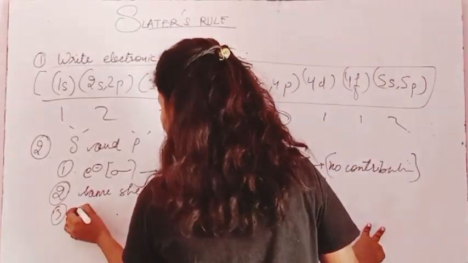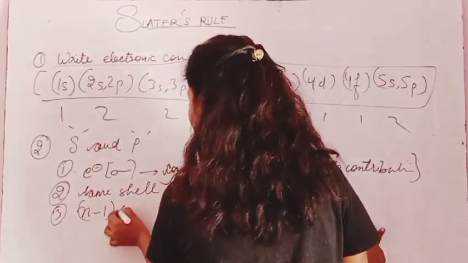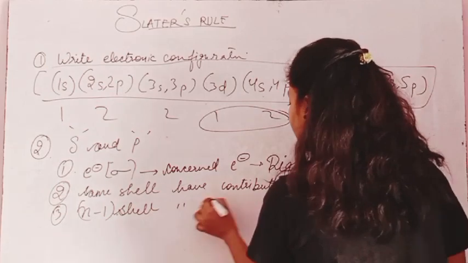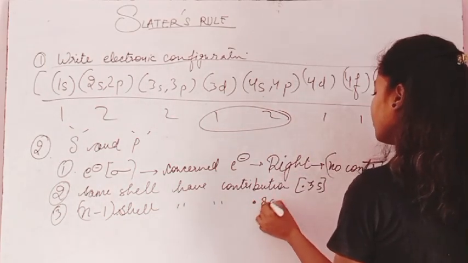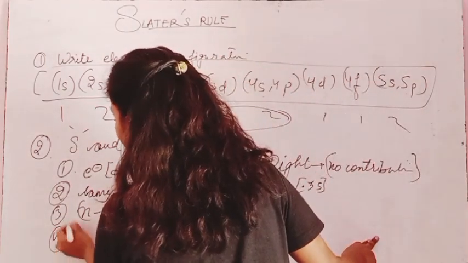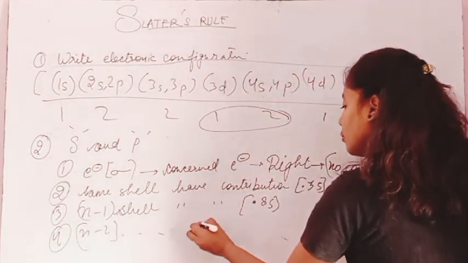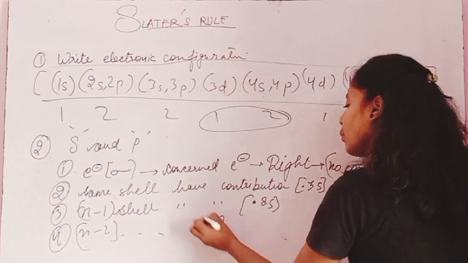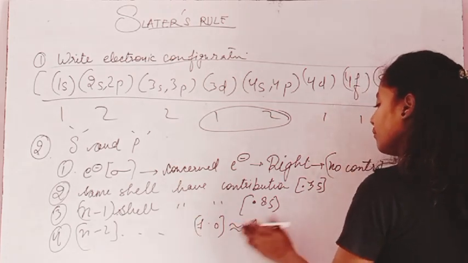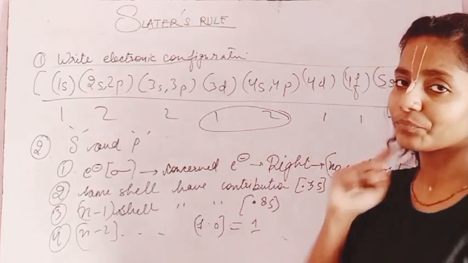Third, the (n minus 1) shell has a contribution of 0.85. Fourth, the (n minus 2) shell and all the shells after it have a contribution of 1.0, which is approximately 1, equal to 1 only.